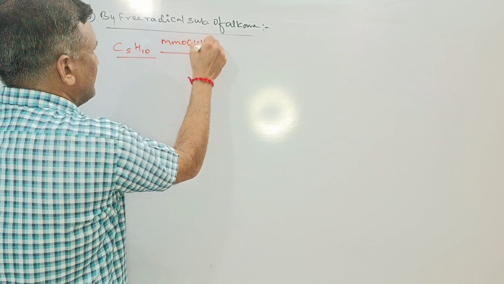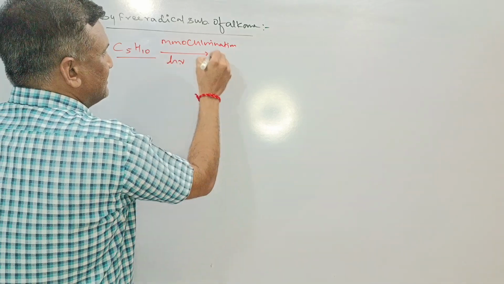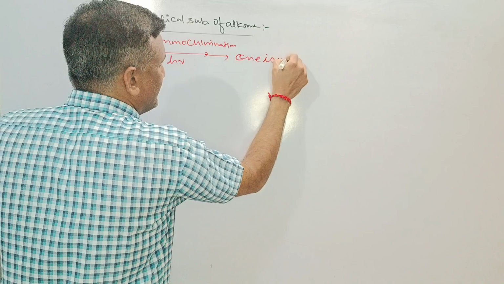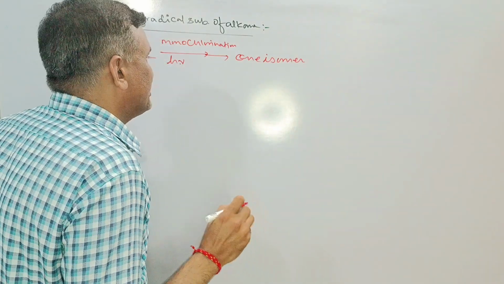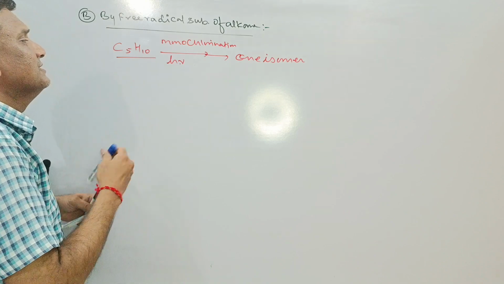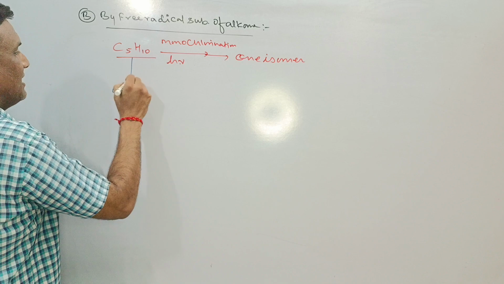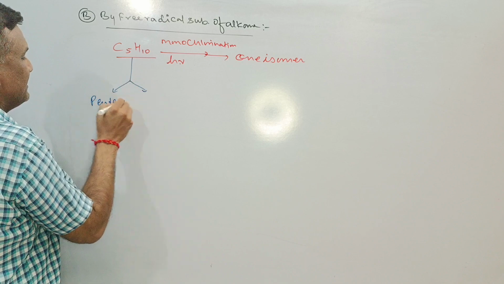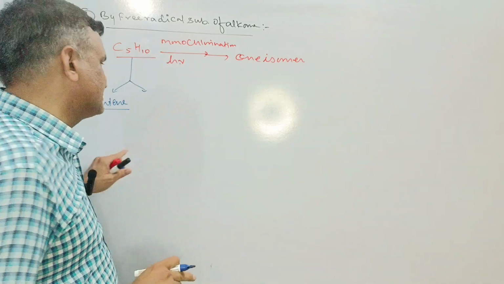On monochlorination in the presence of light, it forms only one isomer. What is that? Write the appropriate reaction. Regarding this formula, there will be two isomers, one of the pentene, and it doesn't undergo free radical substitution reaction.